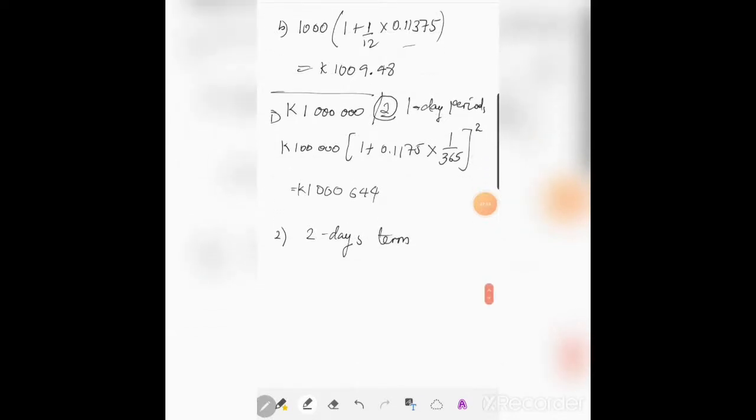Using the same 1 million, we have 1 plus 0.11625, then this by 2 days, 365.